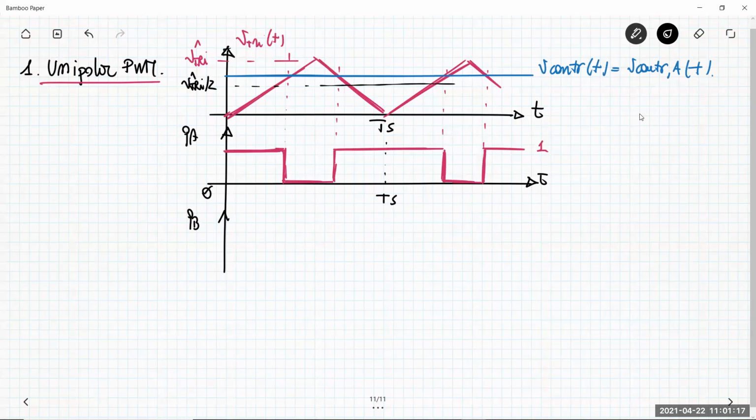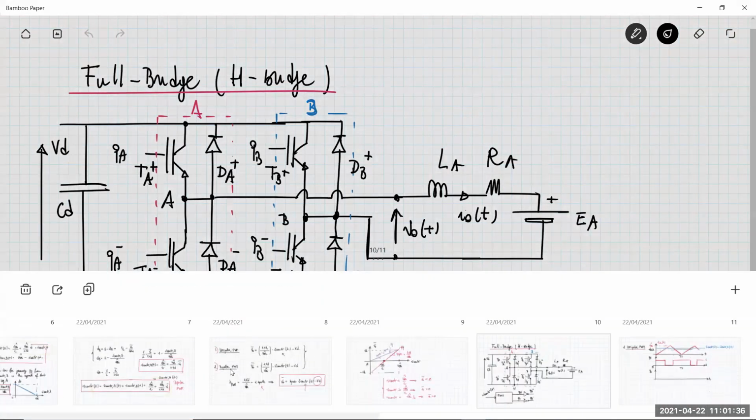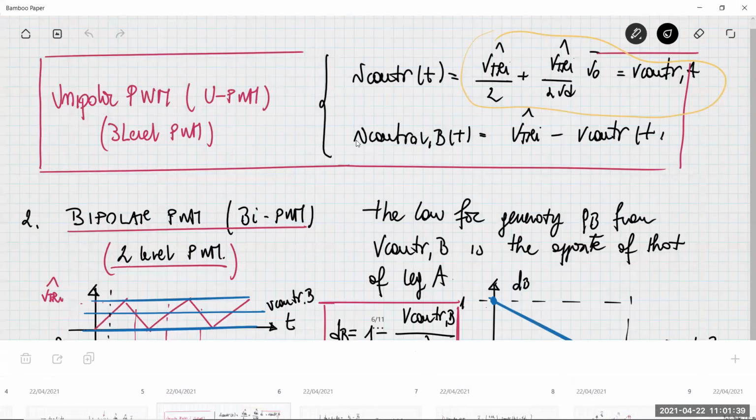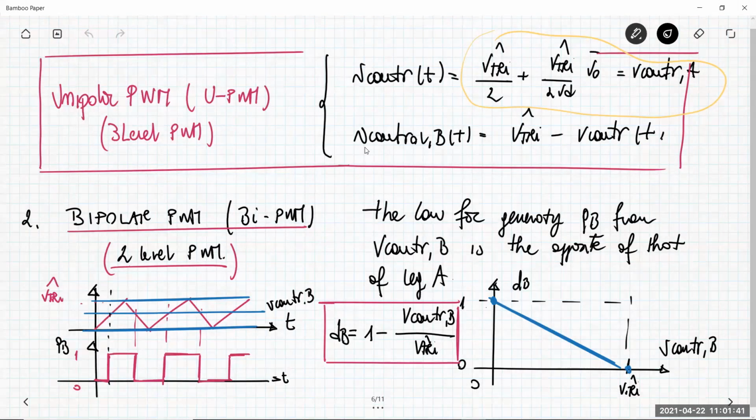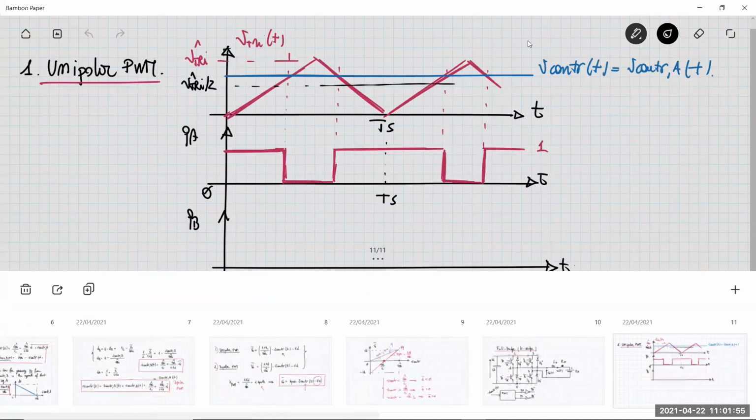To derive QB, we need to know the control voltage of the leg B. So now we have to remember in which way the control voltage of the leg B can be derived from the overall control voltage. The control voltage of the leg B is generated by this computation: the peak value of the triangular voltage minus the control voltage. This is the control voltage, the blue one.